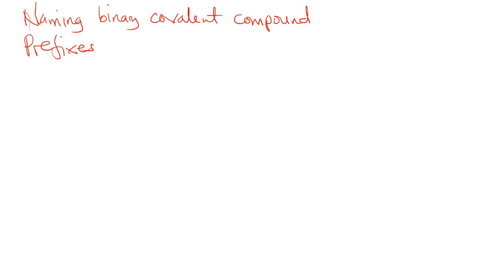To name covalent binary compounds, we use prefixes, and you will see why these prefixes are important. So if you have one atom, the prefix is mono. So just skip these and you will see why they are important.